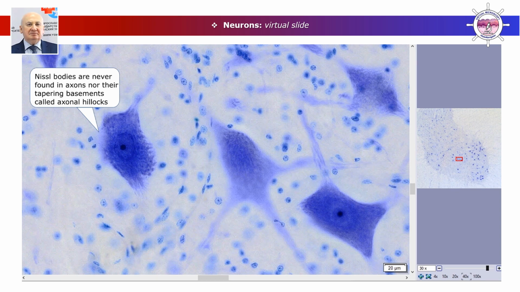Nissl bodies are also distinguished in sites where dendrites branch off, but they are never found in axons nor their tapering bases called axonal hillocks.